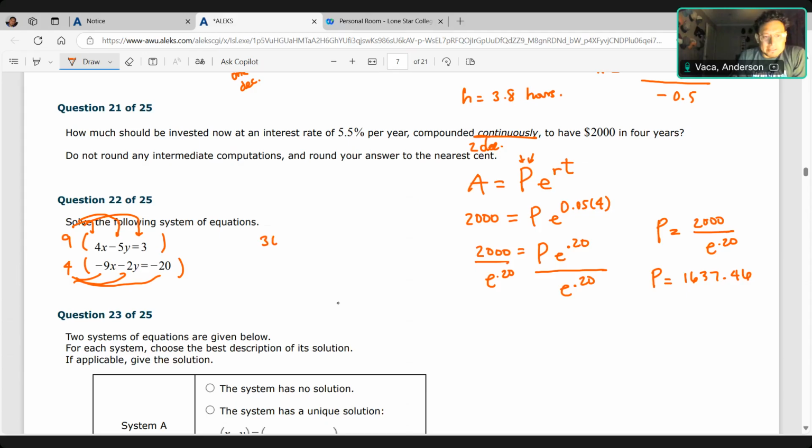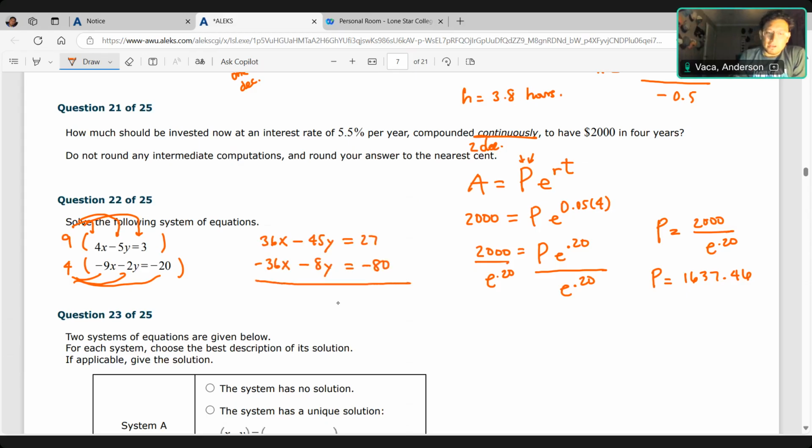That will be 36x minus 45y is equal to 27. Most people forget to multiply the number on the other side of the equal sign. Negative 36x negative 8y is equal to negative 80.